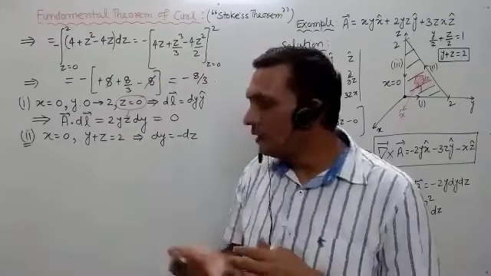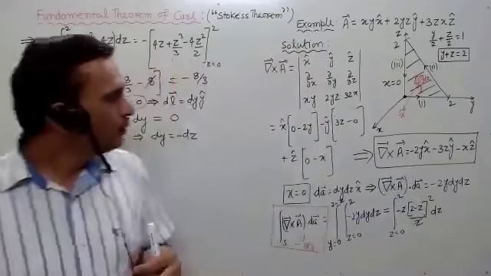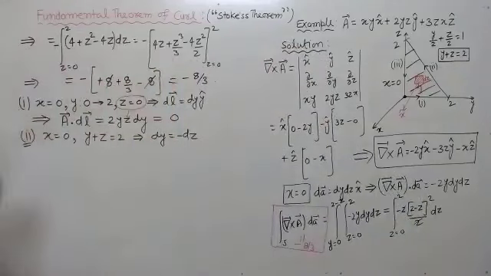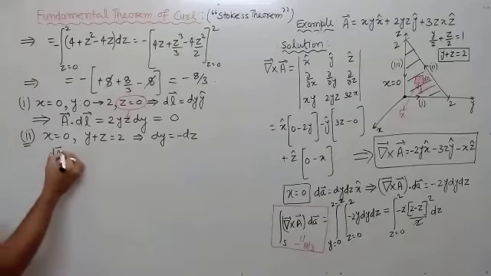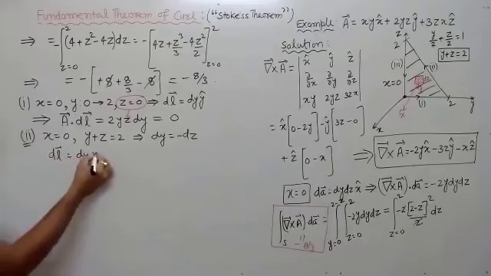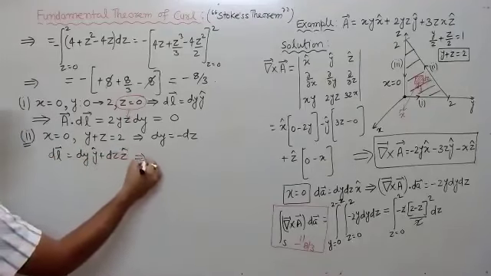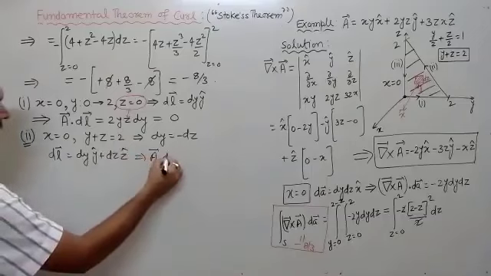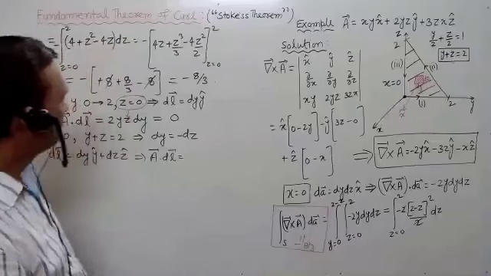So in line integral, either you can convert in terms of y or z. So what will be dl here? dl will be dy y cap plus dz z cap. So this will give you A dot dl. Finally, we will convert in terms of y or z.